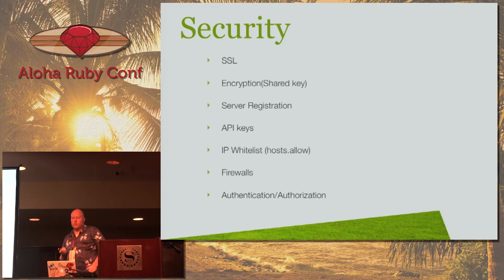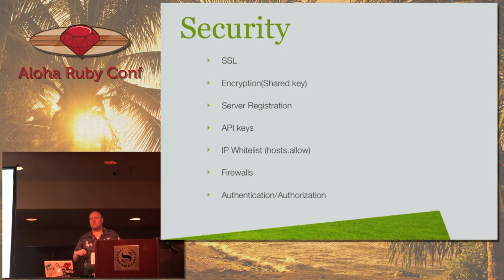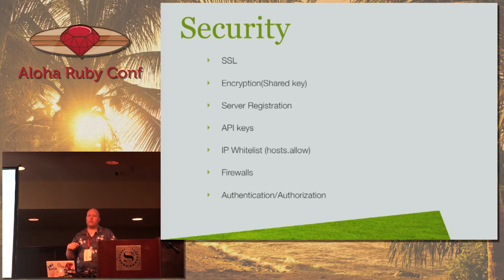You can also do encryption through a shared key. This is how SSH does it. And basically you can encrypt the data with your private key, and then you can decrypt it on the other end with the public key, and there's a lot of handshaking and stuff that goes on there as well. You can do some kind of server registration.